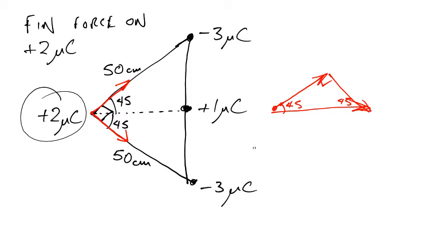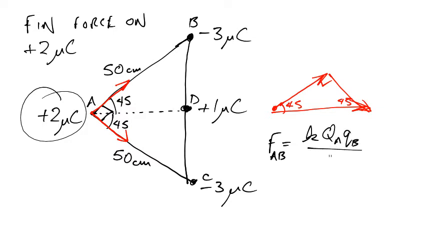So if we use the force F equals KQ. Now, I don't have letters here, but I could use them. So let's call this one A, B, C, and D. So force on A due to B is QA, QB all over RAB squared.